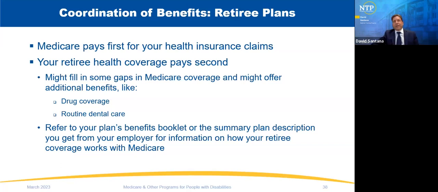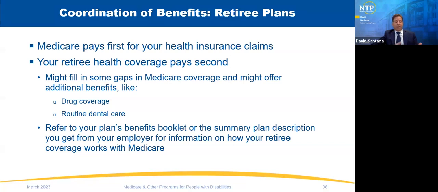Now, the only instance that you may see a retired plan paying primary to Medicare is if the individual, for example, develops end-stage renal disease. So let's say that an individual retired at the age of 62, and they had their employer plan based on retirement. If that individual develops end-stage renal disease and becomes eligible for Medicare, there will be a 30-month coordination period that starts from the moment the individual becomes eligible for Medicare, whereby that plan will be primary to Medicare.